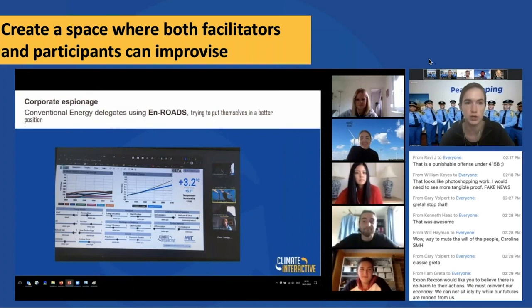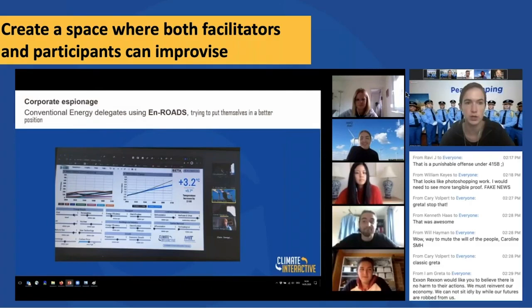And so within that game, we ended up having to mute them. You know, we would never actually kick them out. And so it really just opened up the experience to a lot of creative moments and improvisation. These are just a few examples of how the game could go in so many ways that make it better for both the facilitators and for the participants.